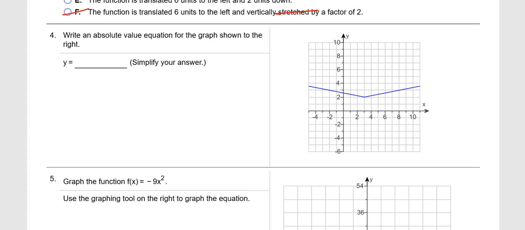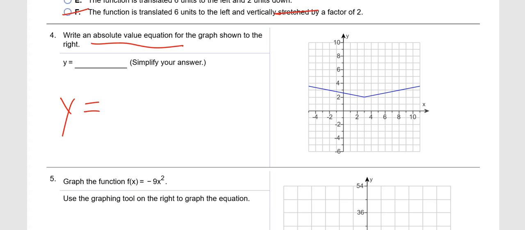All right, let's see if we can write an absolute value equation and make this our last one for the flex day notes. y equals. All right, now it gives us a clue right here. It's an absolute value equation. I'm going to blow it up a little bit here.